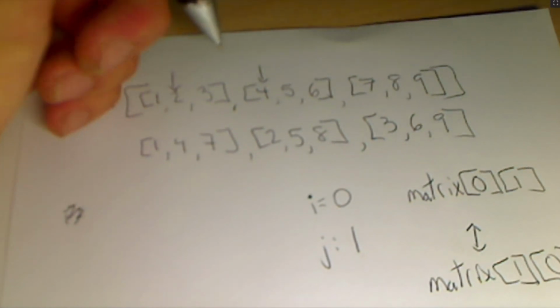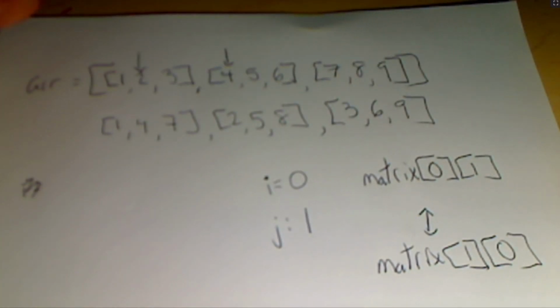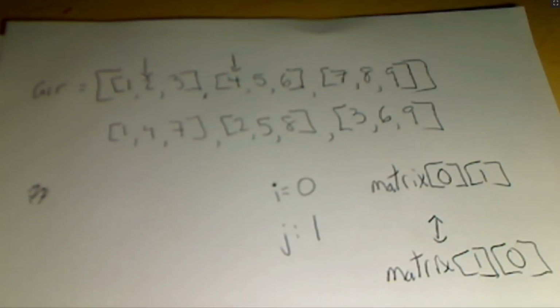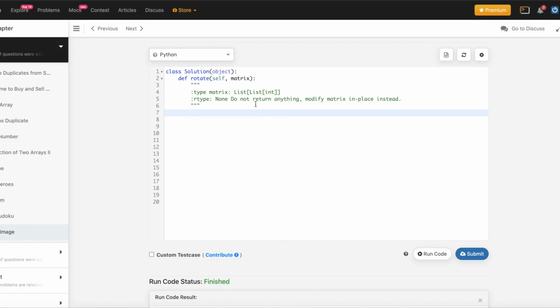Now, what I showed here was just one example. We want to generalize ij. So let's jump into the code. Let's say we just dive in, and remember I mentioned the double for loop. Let's construct that.